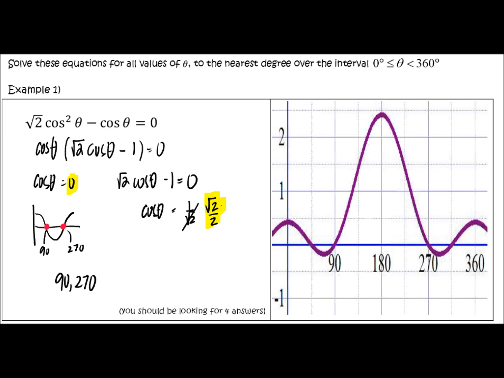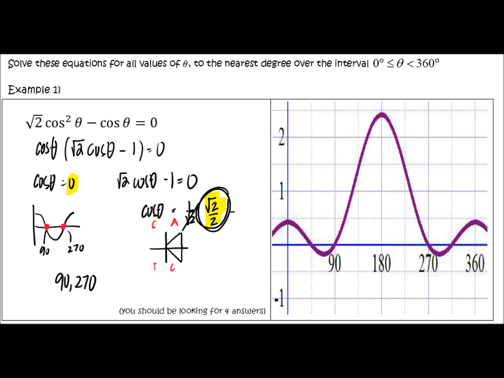This one, cosine of theta is radical 2 over 2, is 45 degrees. Now there's one catch. Like with sine, this would have given you two answers. It's the same thing here. There's two places in these quadrants where cosine is positive. According to All Students Take Calculus, cosine is positive in quadrant 1, of course, but also quadrant 4.